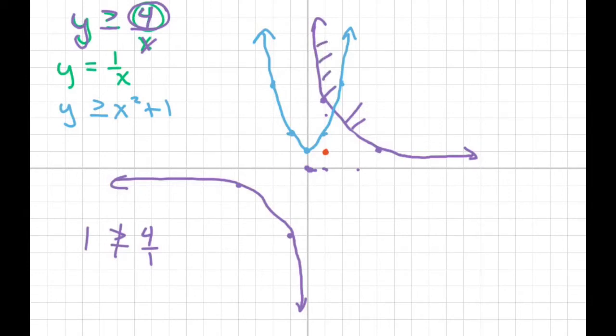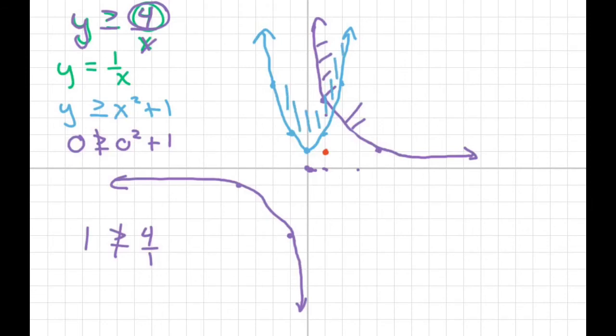All right. Now for this one, it says y is greater than or equal to x squared plus 1. So let's plug in 0, 0. Is 0 greater than or equal to 0 squared plus 1? No, it's not. So instead of shading down, we're shading up. If you shade up on this, you get in here.